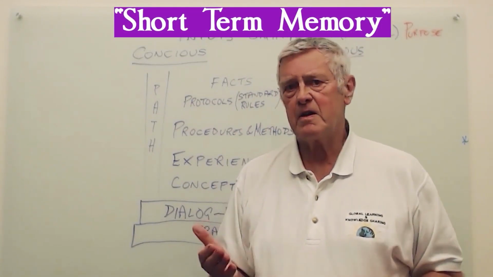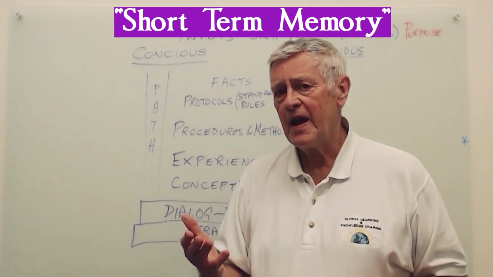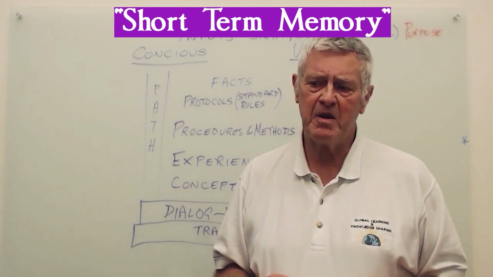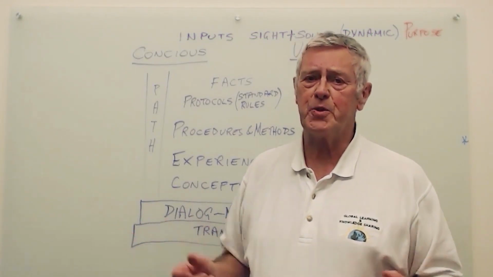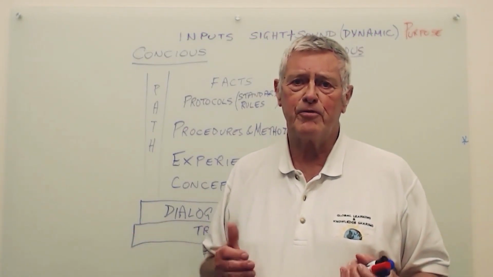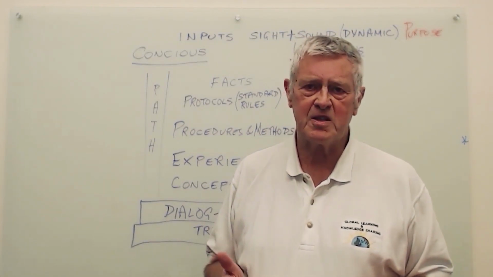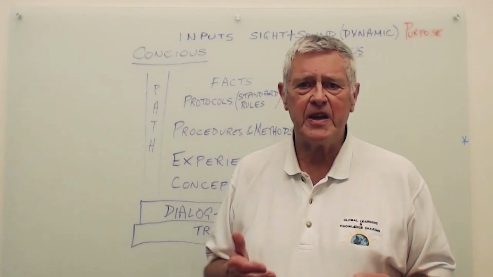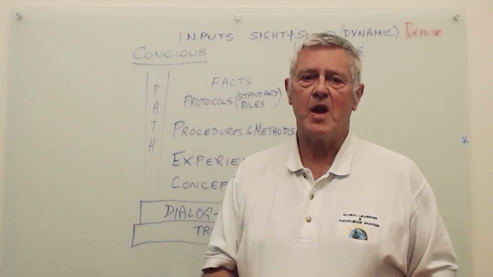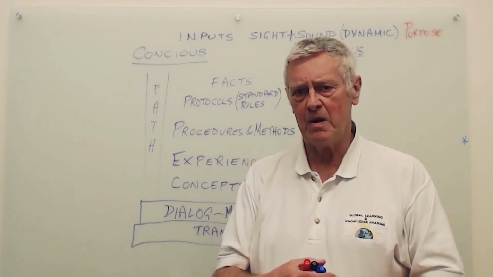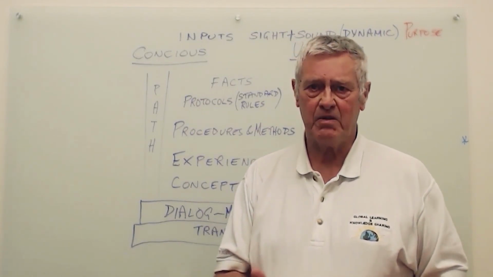So if I tell you 6 numbers now or 8 numbers, how many of them can you actually remember 30 seconds later? So if I say to you 3.14159265358 and we wait 30 seconds, how many of those would you remember? Probably not too many. Most people remember about 7.